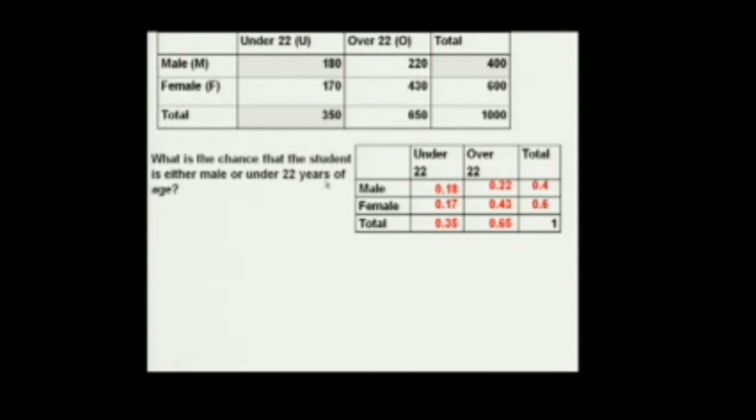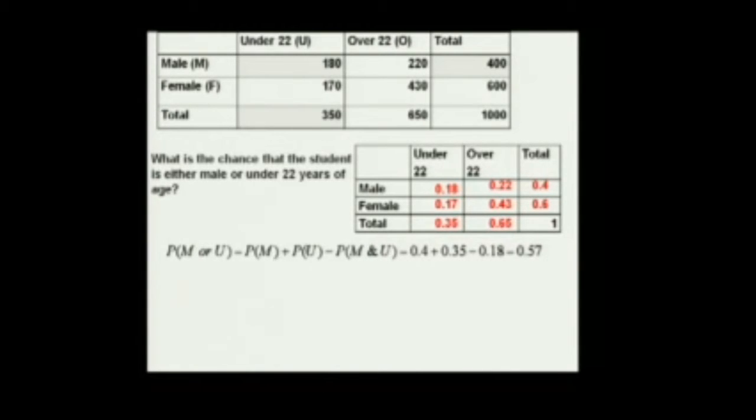Okay? We told you before in the previous session that for either male or under, if these are not mutually exclusive, meaning that students can be male and under, then we use the law of P(A) plus P(B) minus P(A and B). And that's what we did here. P(male or under) is equal to P(male) plus P(under) minus the intersection or the coexistence part, which is P(M and U).